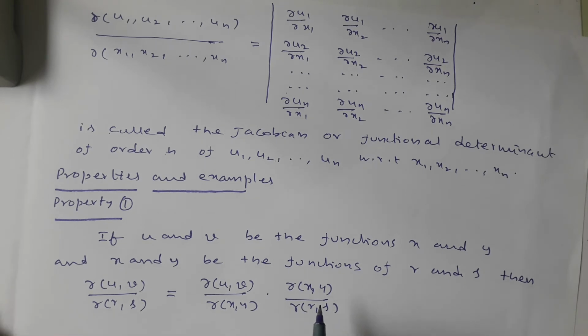So LHS is equal to RHS. In the RHS, the denominator ∂(x,y) and the numerator ∂(x,y) are to be cancelled, remaining ∂(u,v)/∂(r,s), which is the LHS.